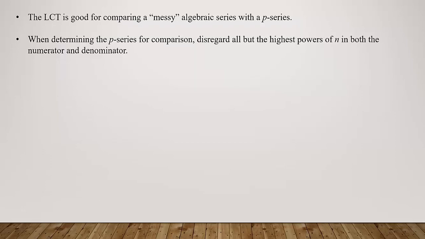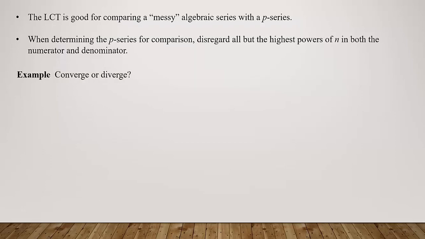When I'm determining the p-series for comparison, I'm going to disregard all but the highest powers of n in both the numerator and denominator. The series I'm coming up with for comparison's sake is going to be the B sub n from the limit comparison test theorem.